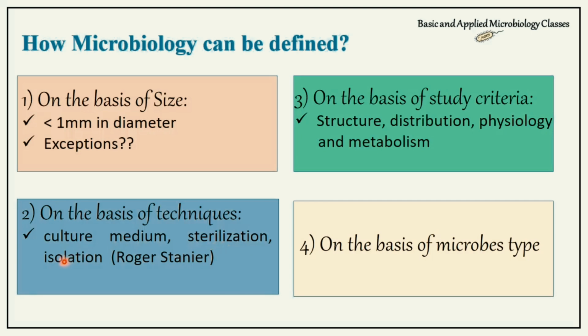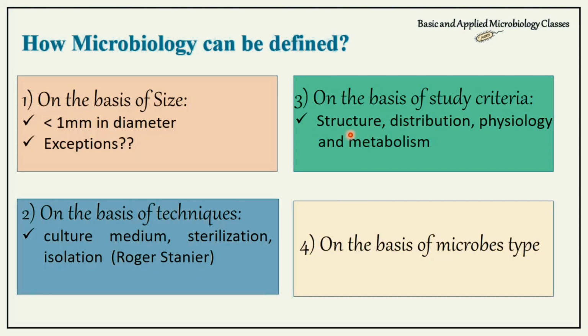Third is on the basis of study criteria. We can define it like this: microbiology is a branch of biology which deals with the study of structure, distribution, physiology and metabolism of microorganisms.